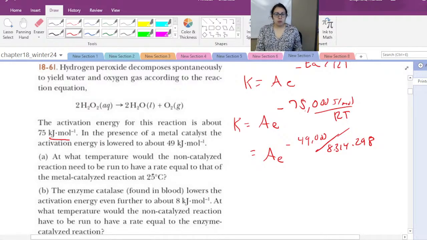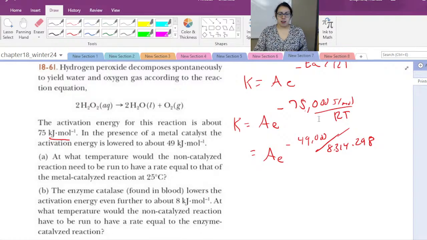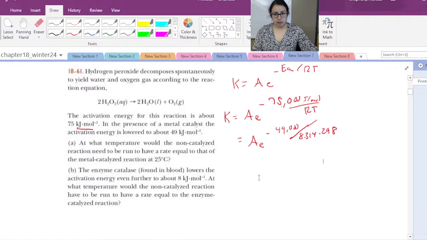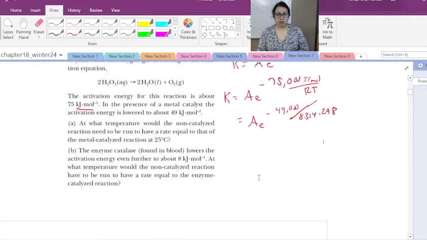So we said, what temperature do we need it to be? There's our 8.314 times our 298. And at this point, it's just algebra. So let's set them equal to each other.